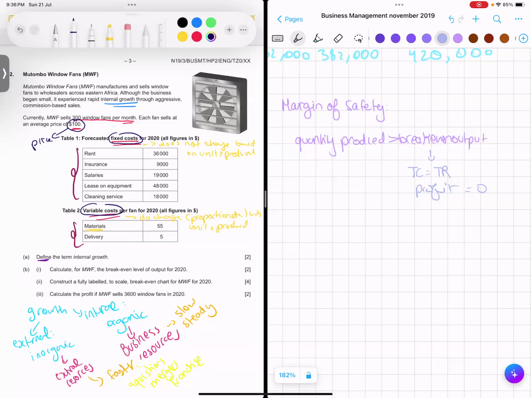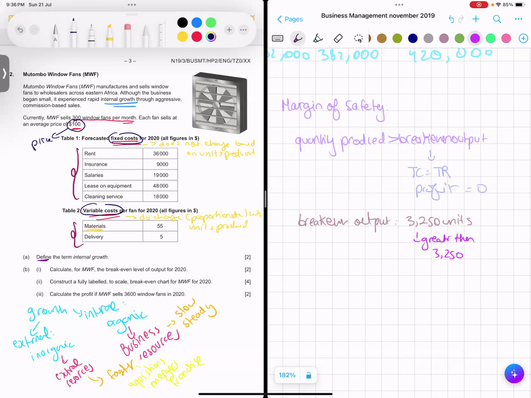So basically in this case, our break-even output is 3,250 units, right? So any number greater than 3,250 will be part of it.